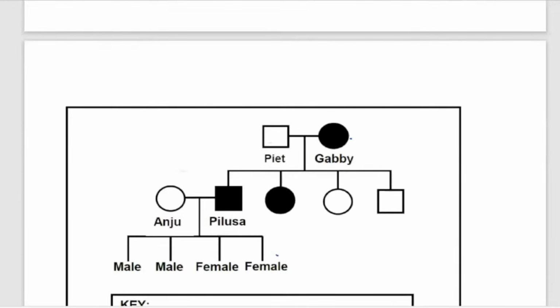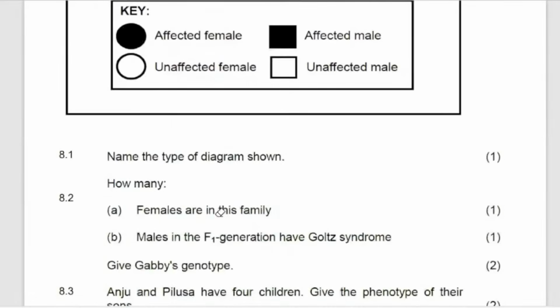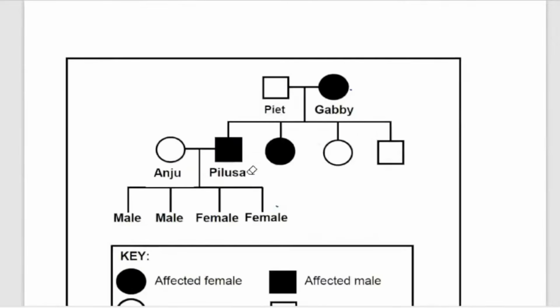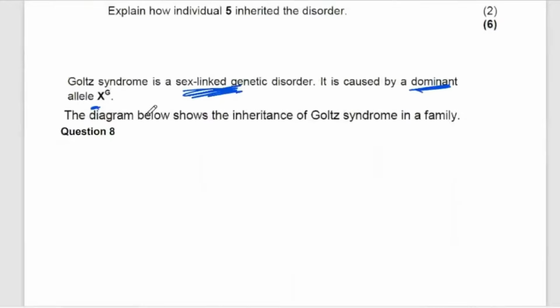Remember now they're saying that this is affected, and this is also affected, and this is unaffected. But don't forget that this syndrome is caused by a dominant allele.